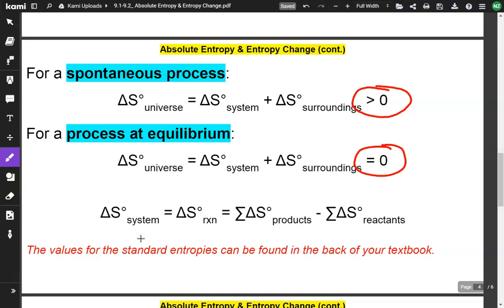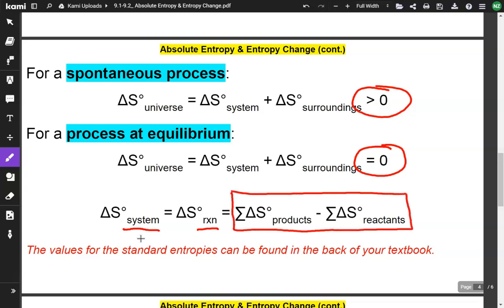Now, delta S for the system is the same as delta S for the reaction, and we're going to find that using this equation right here, which is the sum of the delta S values for the products minus the sum of the delta S values for the reactants. All of the values for the standard entropies can be found in the back of your textbook. Okay, so this is going to look very similar to what we're doing with enthalpy.